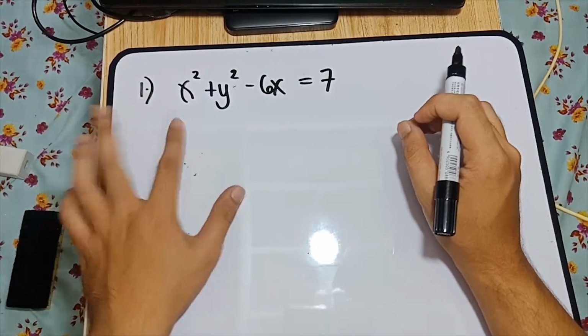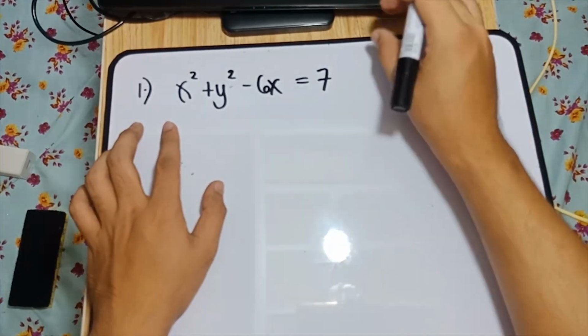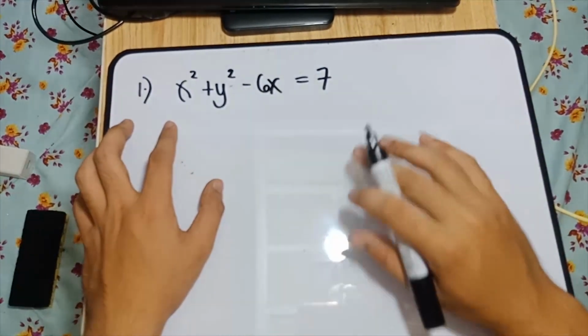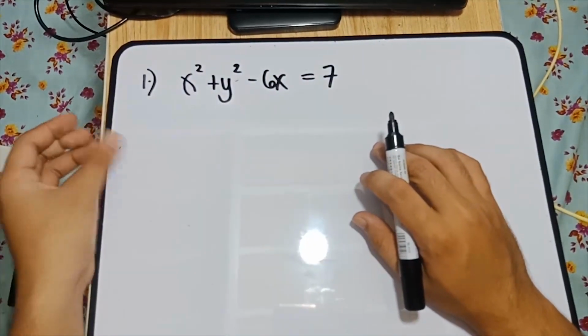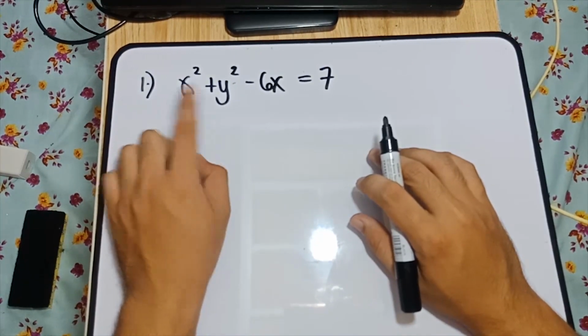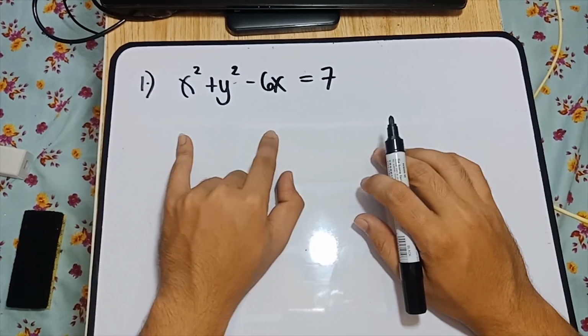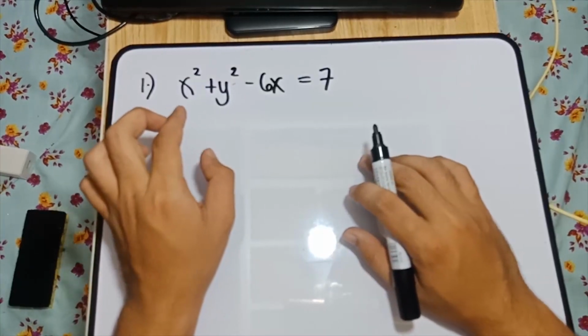Kasi obviously, ito ay general form of equation, kasi nga, ito ay expanded. Yung kanina, nakita nyo nga, expanded yung ating general form. At yung coefficient ng x squared and y squared ay magkamukha. So, this is general form of equation of a circle.